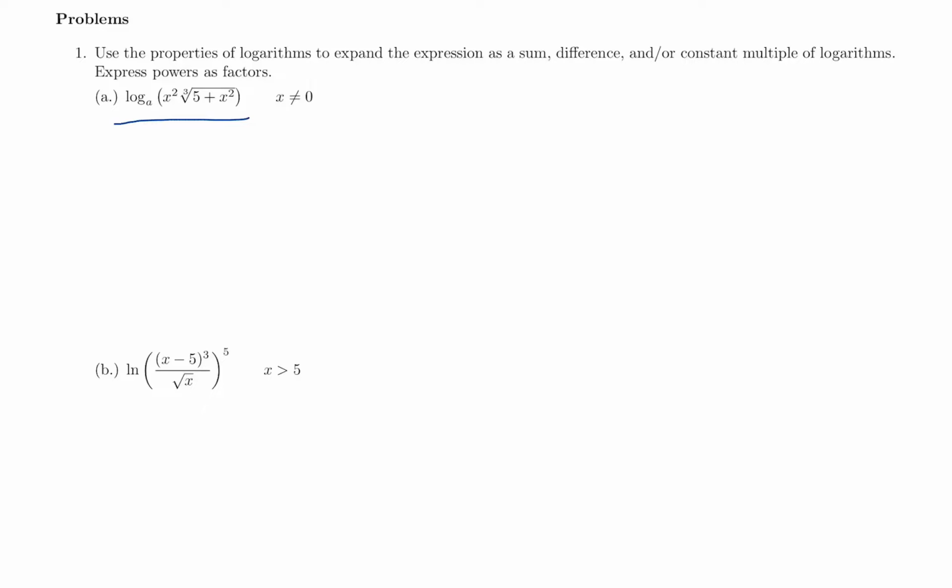So what we can do is, since it's log a, we can first separate into, what we have to recognize is two things multiplying, x squared times this cube root expression. So we have two terms here. So I'm going to separate into log a of x second power plus log a of entire cube root expression, 5 plus x squared.